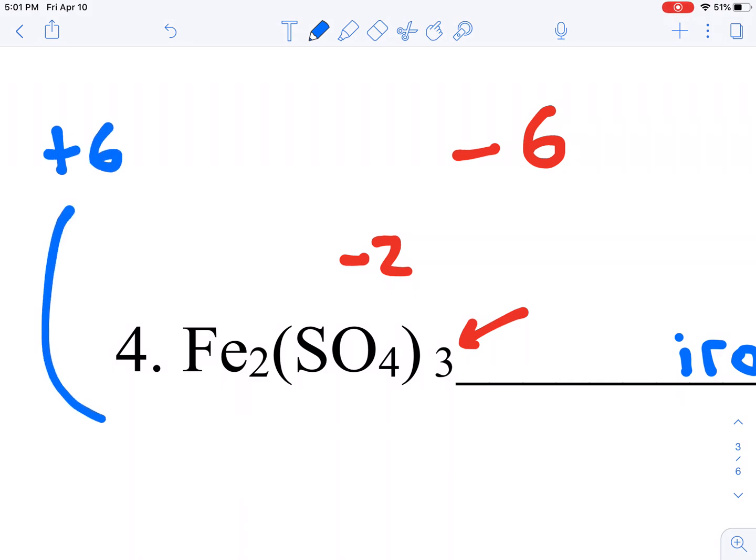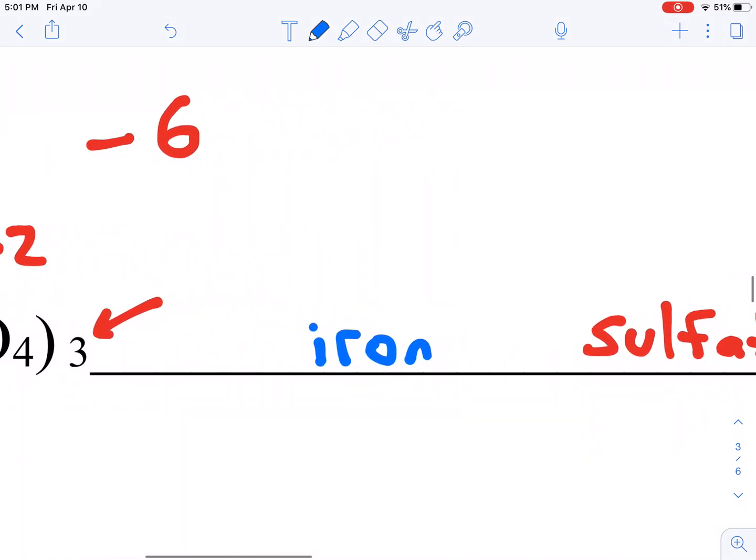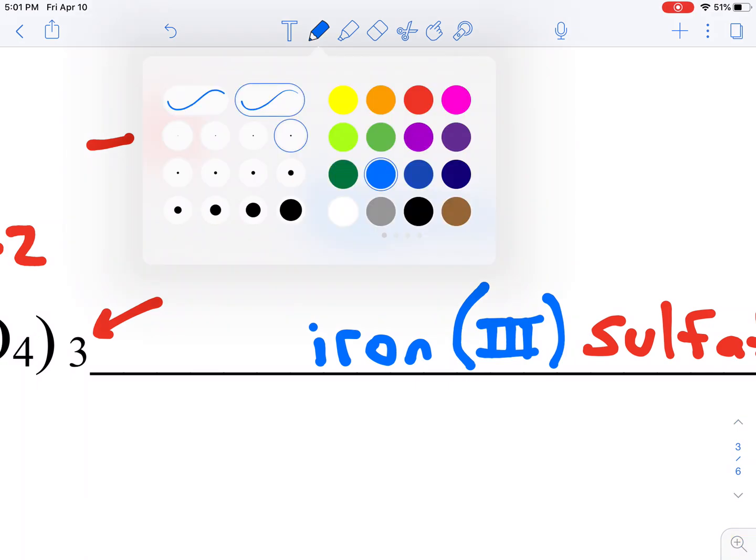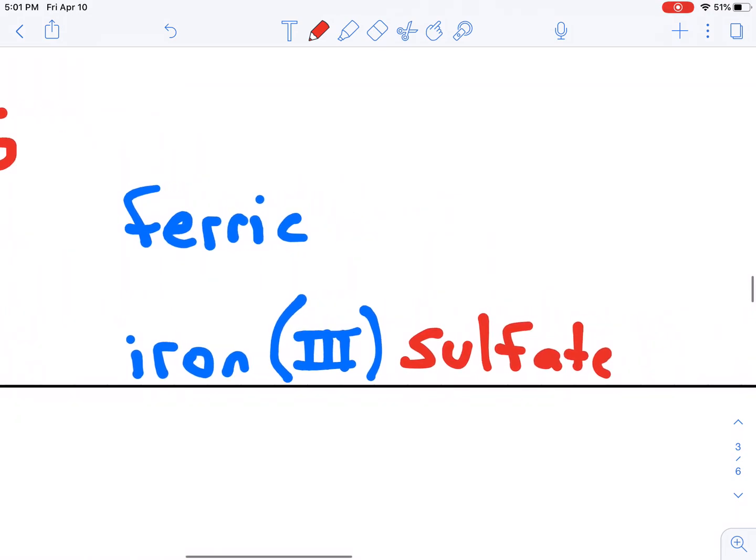But that +6 is spread across 2 of the ions, so each one of those ions must be a +3, which means really this is iron Roman numeral 3 sulfate, or said another way, this is ferric sulfate. And because it has 2 names, we need to write both of those names in.